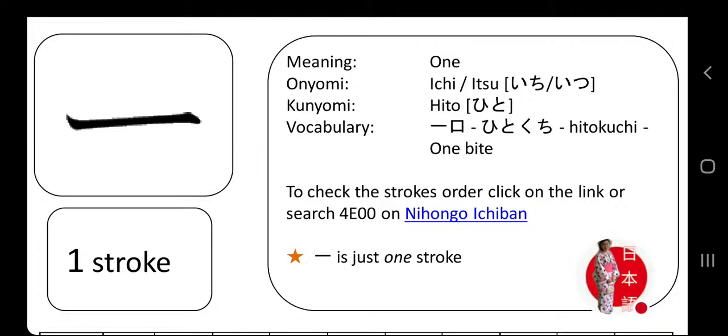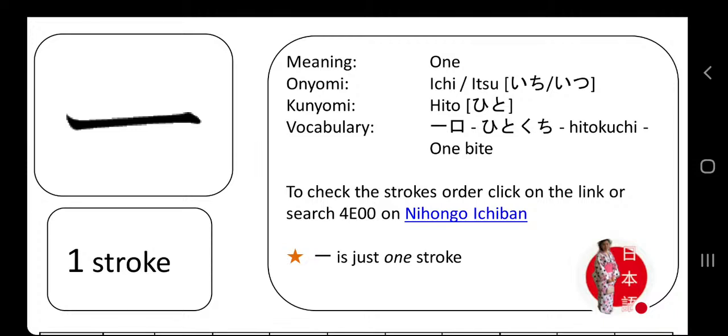Since the Japanese got these characters from Chinese, and they are Japanese, that's why we have different kinds of readings. Originally from Chinese, that's why they have the Chinese reading as well, Chinese and Japanese reading.